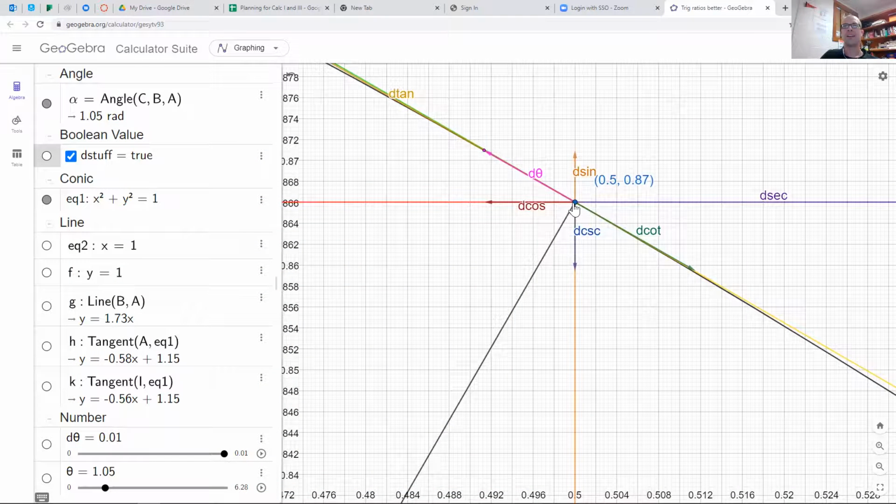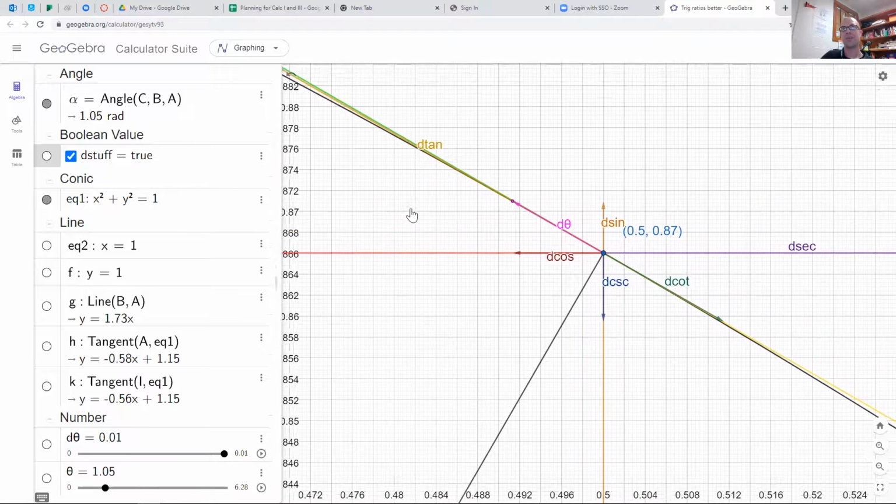So cosine is getting smaller, the cosecant is getting smaller, the cotangent is getting smaller, because that's that green length up there. Cosine, cosecant, and cotangent are all getting smaller.